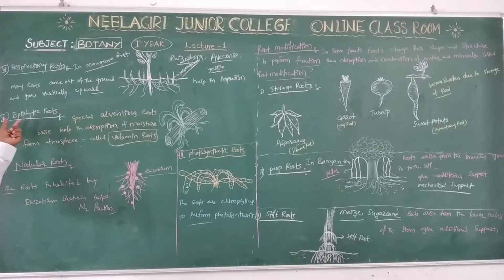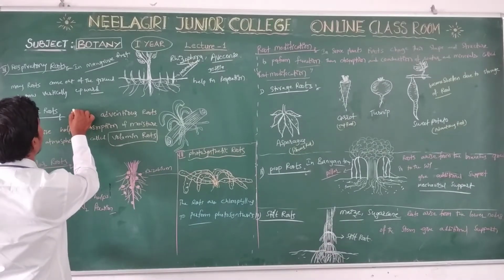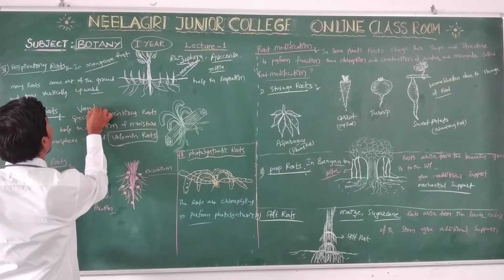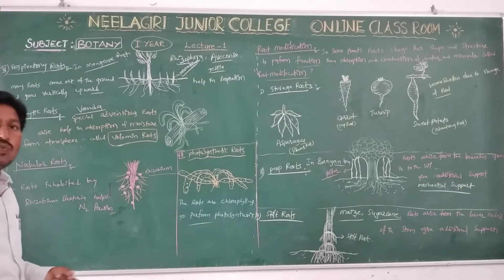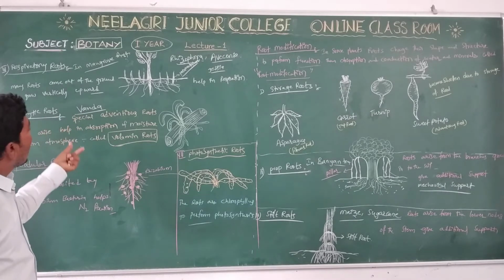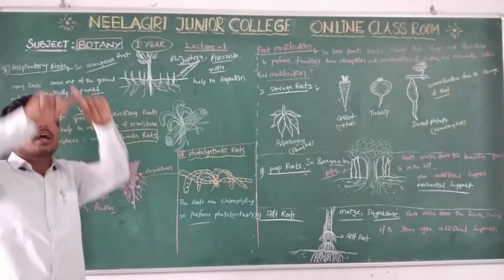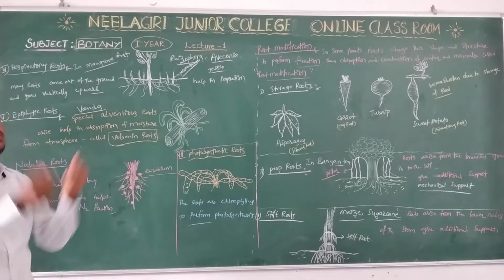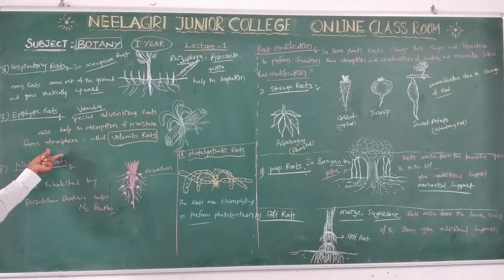Next one, epiphytic roots. Epiphytic roots are present in Vanda. In Vanda, special adventitious roots arise that help in absorption of moisture from the atmosphere.